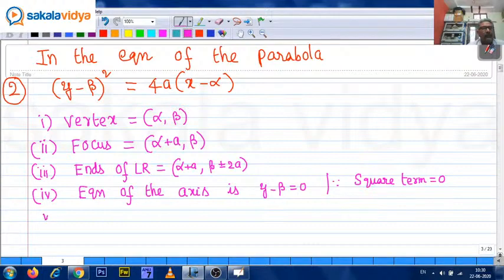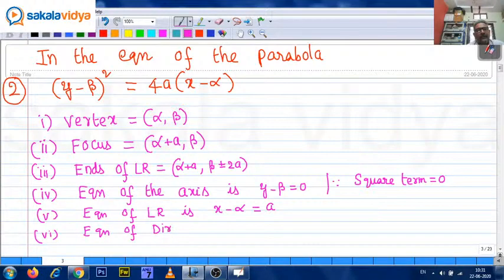Right. Now, fifth one, equation of latus rectum, LR. LR is perpendicular to the axis. Am I correct? That means LR is this: the non-square term x minus alpha is equated to a. X minus alpha is equal to a. Right. Next, equation of directrix.